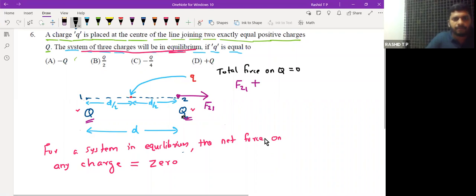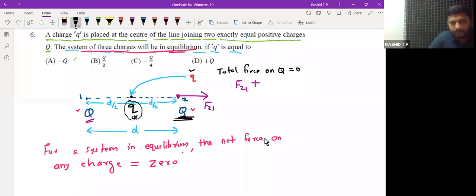Next, if I bring the small charge q to the middle point, then there is a force on charge 2 due to this newly brought charge q. I don't know the sign of this charge actually.